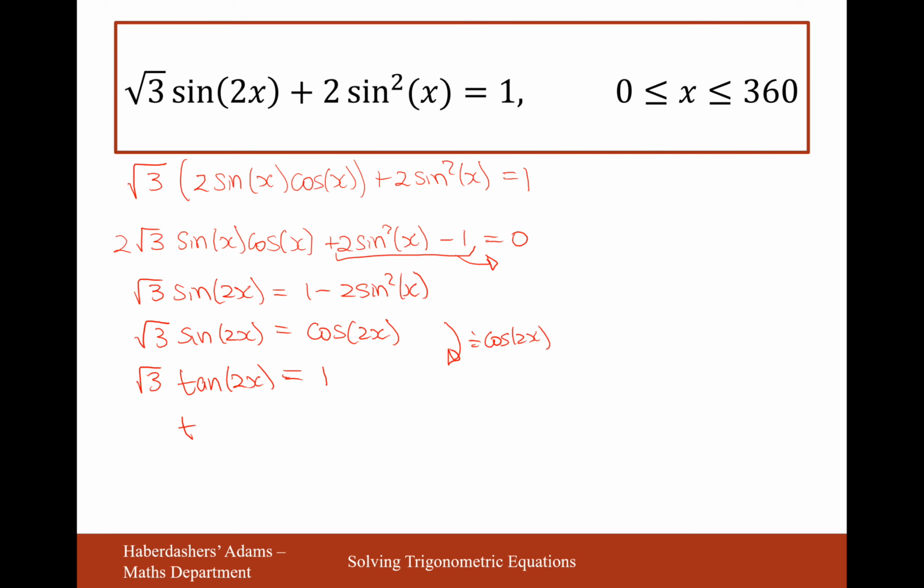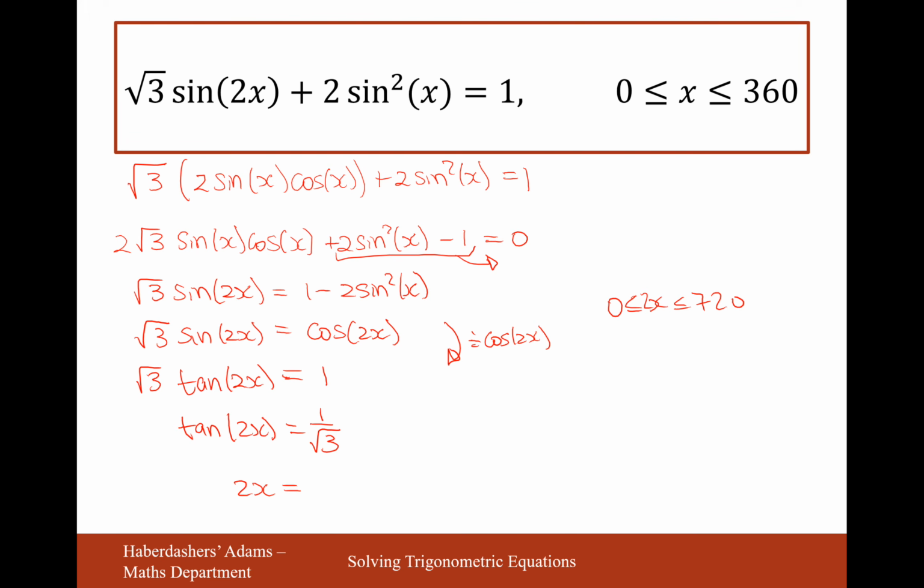The next thing I'll need to do is divide by root 3 on both sides, and then double this angle, so it's going to be from 0 to 2x to 720. Now let's work out what the 2x answer will be.